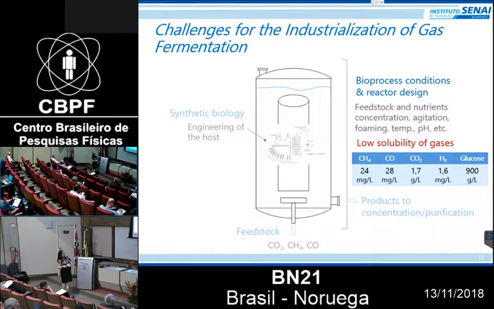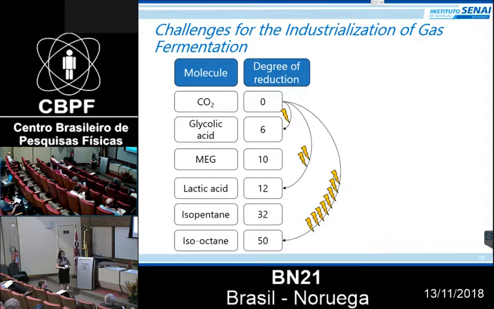Bioprocess conditions and reactor design: the low solubility of the gases is the main drawback. So the mass transfer from gas to liquid is a big challenge. We have to work on the reactor design.